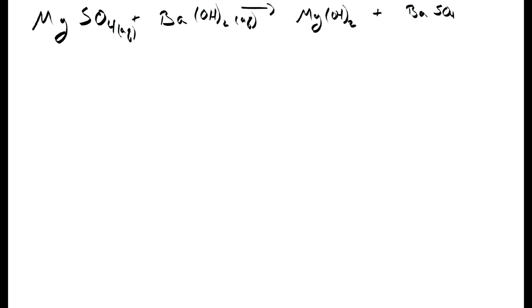Now, are these going to be soluble, insoluble? Well, hydroxides are insoluble, except with the always soluble, or barium. Magnesium is not an always soluble, so this will be an insoluble solid. Sulfate is generally soluble, except with, for example, barium.